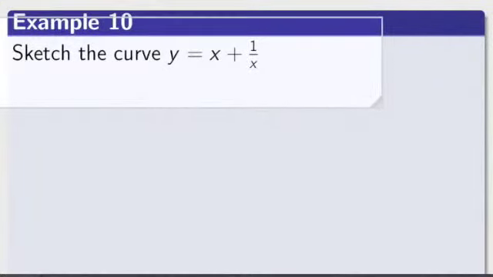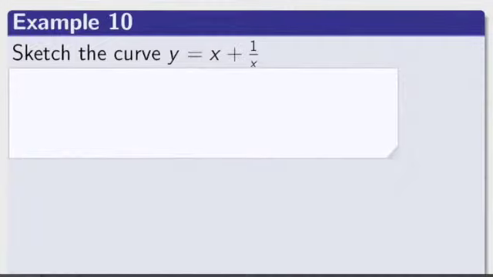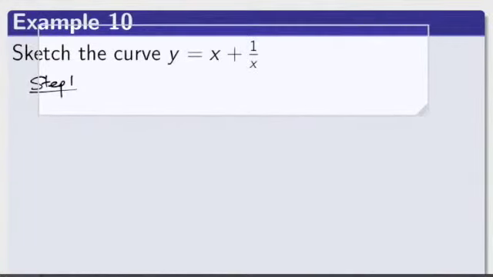Example 10: sketch the curve y equals x plus 1 on x. So we'll follow the steps. Step 1, we let x equal 0 to find where the curve crosses the y-axis. However, we can't let x equal 0 because y is then undefined.